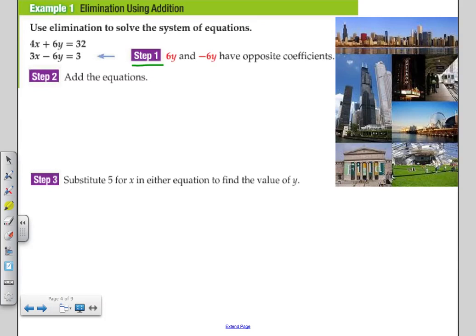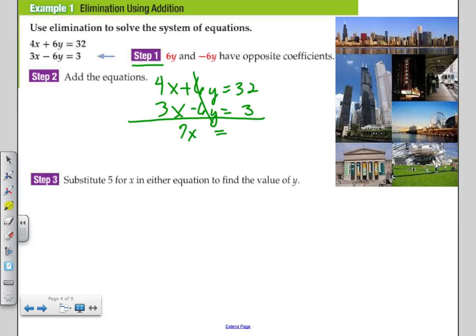In this case, that's already done for us. They're already lined up, so those guys will cancel out, and then we just add everything else. 7x equals 35. Divide by 7, and we find out x equals 5.